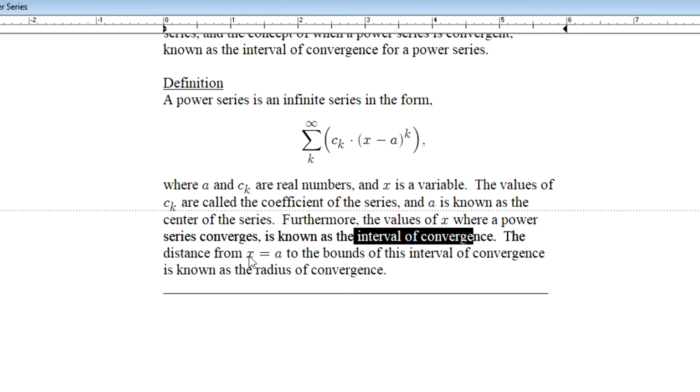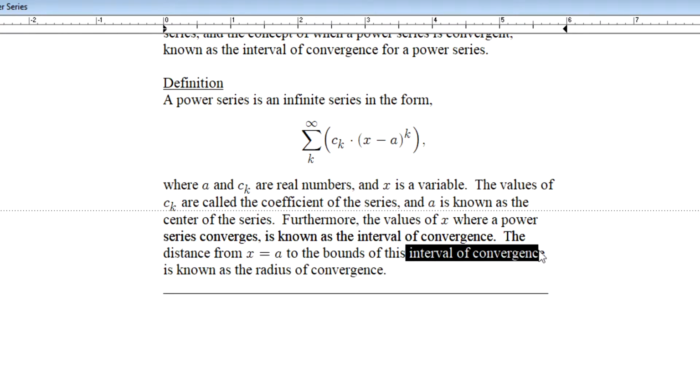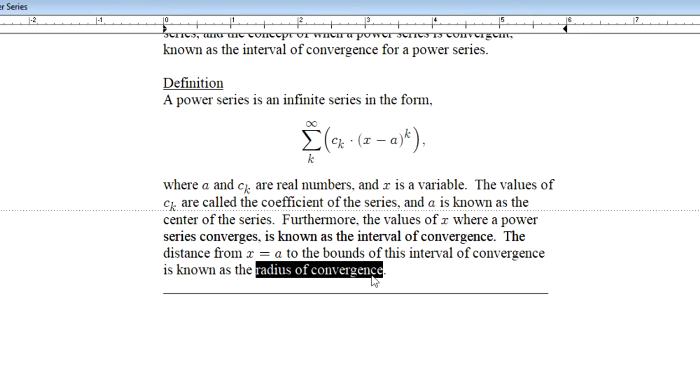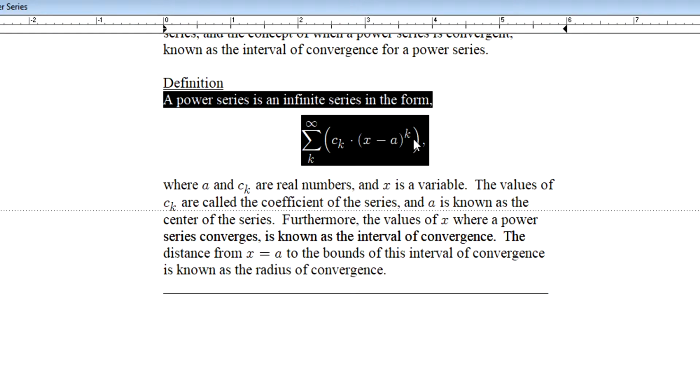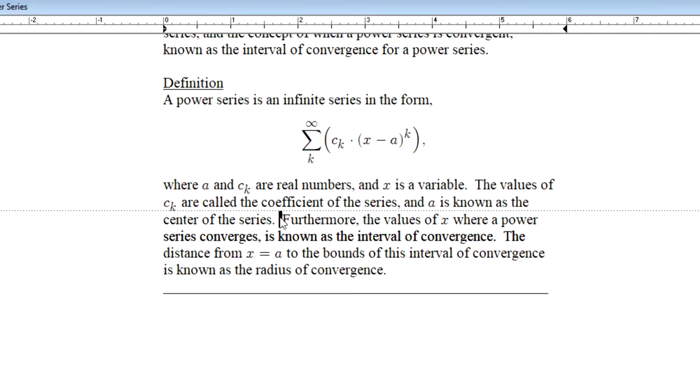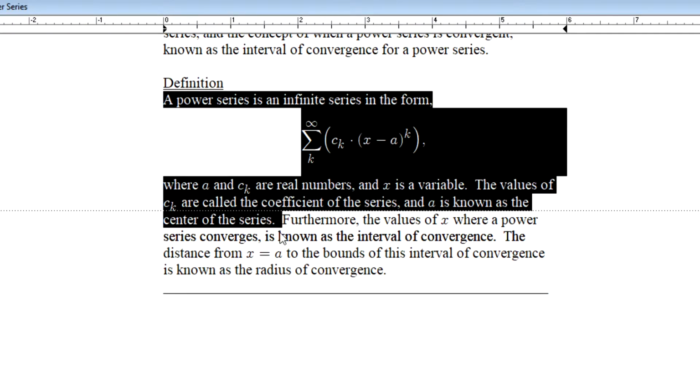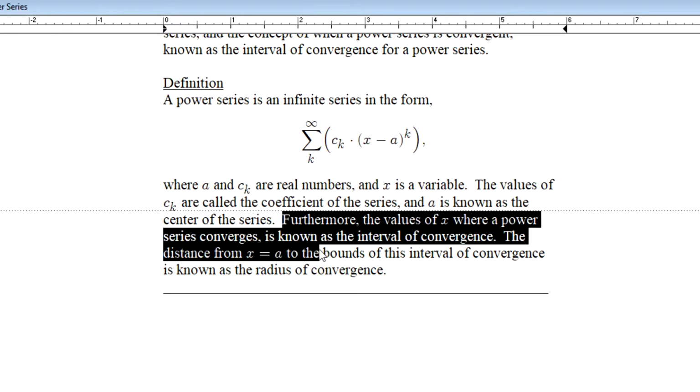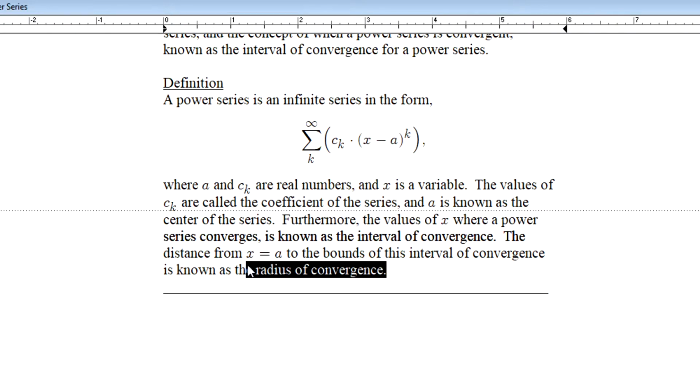And the distance from the center at x equal to a to the bounds on this interval of convergence is actually known as the radius of convergence, all right? So here we define what it means to be a power series, and then we follow that up with what we mean by the interval of convergence and this idea for radius of convergence.